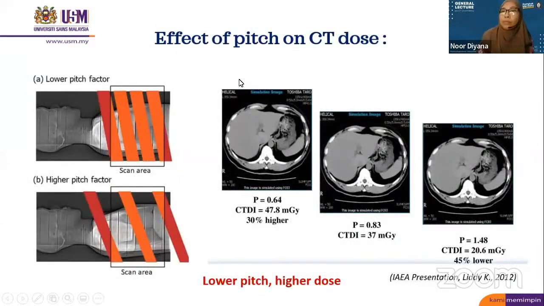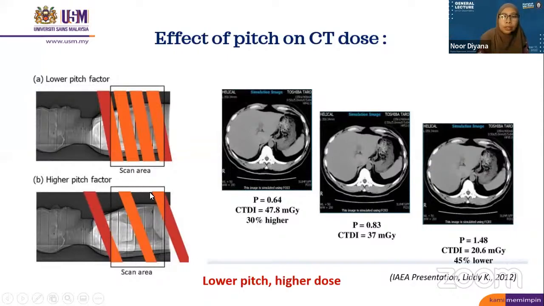All right. The next parameter that affects CT dose is pitch. When you use a lower pitch, you actually have a more concentrated exposure, and more dose is deposited in that area compared to if you use a higher pitch.